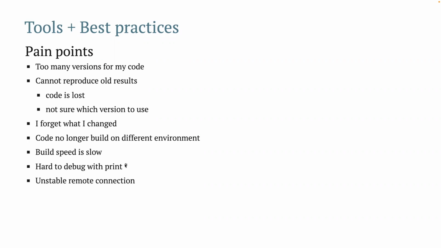Debugging is also difficult because I used to just use print to debug. I also used to code on the server directly using Vim, which has an unstable remote connection, and you feel the lag whenever you type from time to time.